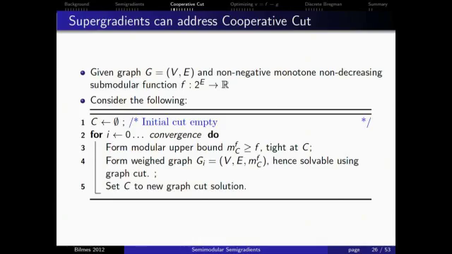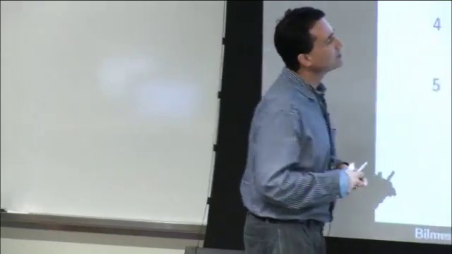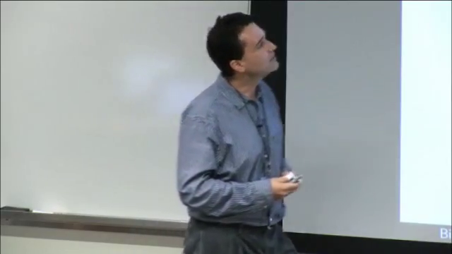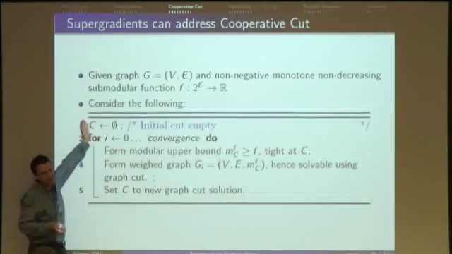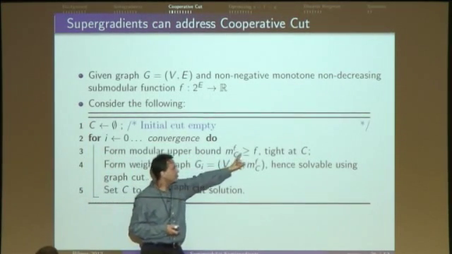There were many methods that we developed to solve this problem, but one of the most efficient, and the one that was used in practice, is very practical and works very well: to use supergradients. The basic idea is a majorization-minimization algorithm, very similar in some sense to the EM algorithm, where we start with an initial cut, which in this case can be anything. It could be the empty set. We find a modular upper bound that's tight at the particular cut.